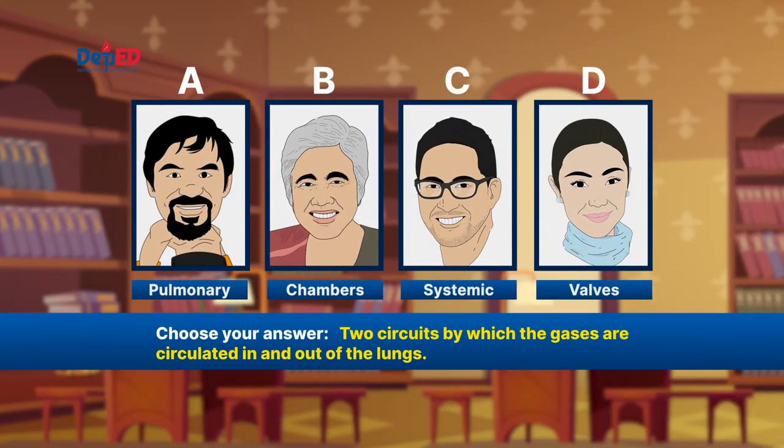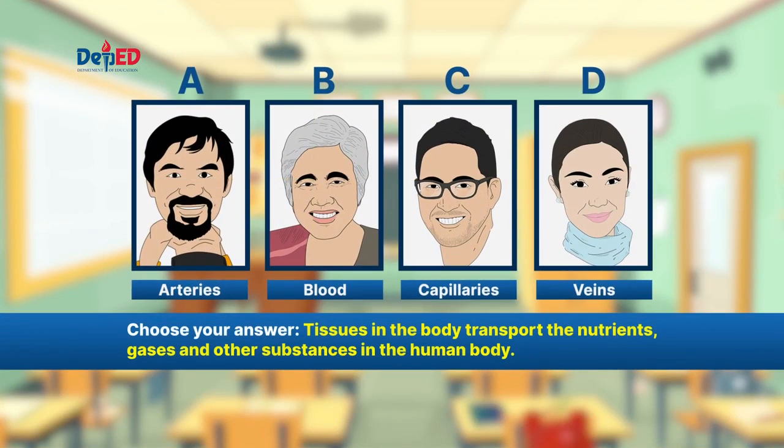Two circuits by which the gases are circulated in and out of the lungs. Tissues in the body that transport the nutrients, gases, and other substances in the human body.